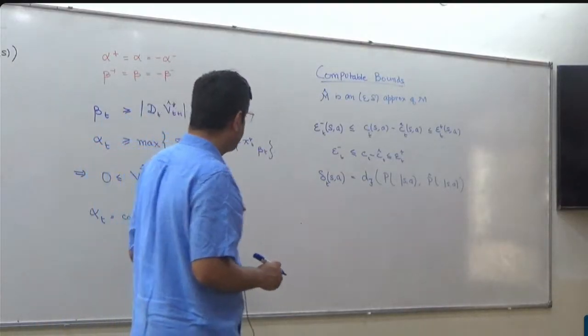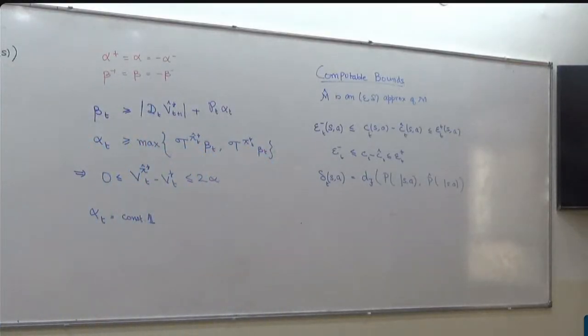Now, the key observation is that we had this IPM inequality: the summation over S prime of P of S prime given S, A times V of S prime, minus the summation over S prime of P hat of S prime given S, A times V of S prime, is less than or equal to delta of S, A times the Minkowski functional of V, with the absolute value here.